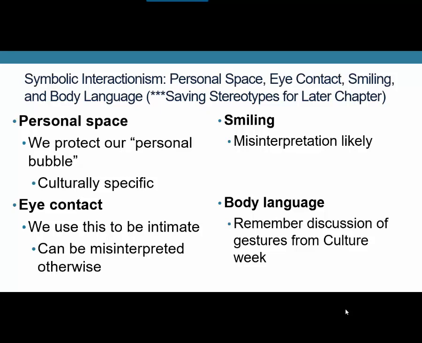Smiling, just like eye contact, can be misinterpreted, and just like personal space, it's culturally specific. And then body language. Now, unlike gestures, which have a concrete meaning, body language does not necessarily always have a concrete meaning.